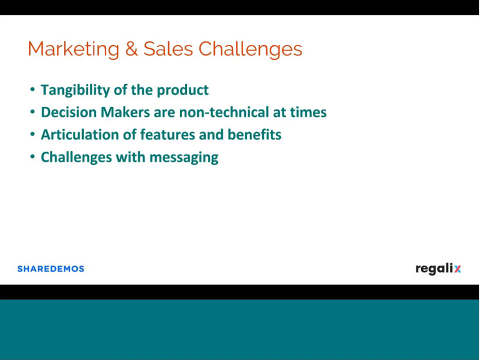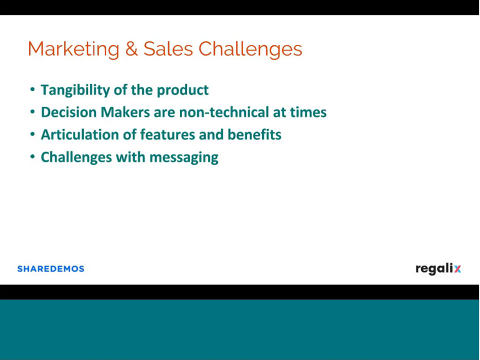So, for example, I'm selling a software which is for financial use, and it needs to be adopted by the financial organization of a certain organization. My point there would be, how do I sell it to them, because they do not understand the technicality of the product. What they understand is the features and the benefits. So I need to communicate accordingly as a marketeer.